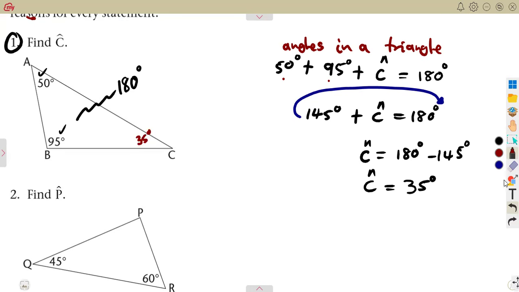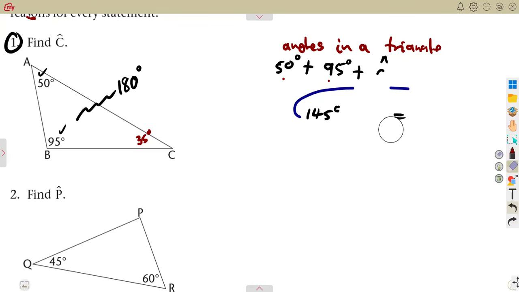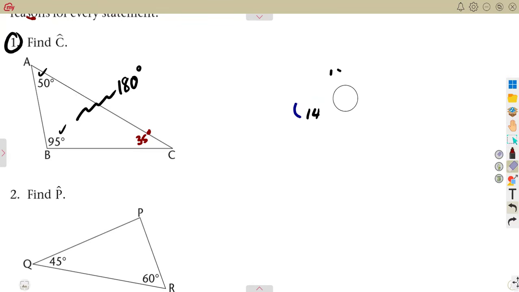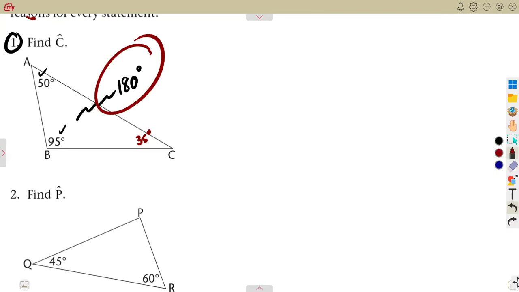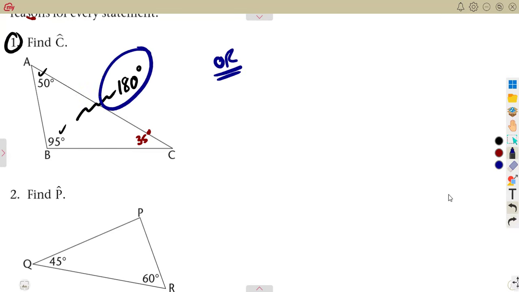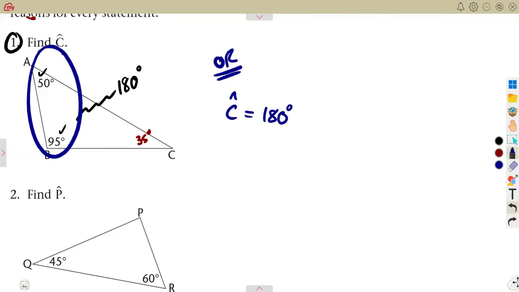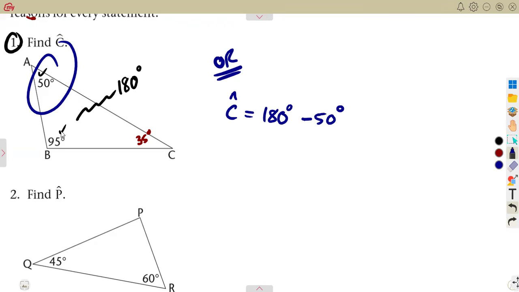If you just understand this concept, guys, instead of adding these first, you can simply understand that these angles add up to 180 degrees, so I can obtain angle C directly by subtracting these two angles from 180 degrees.